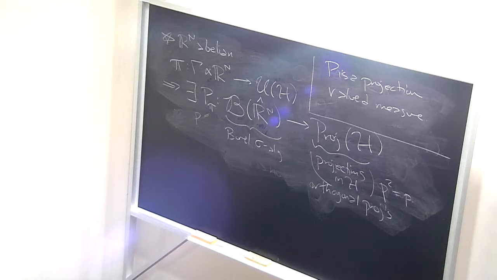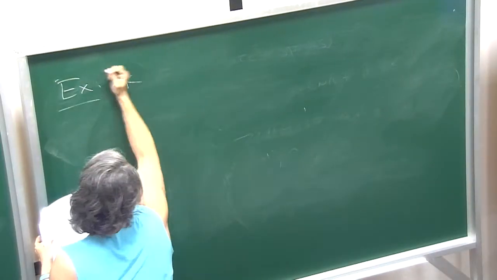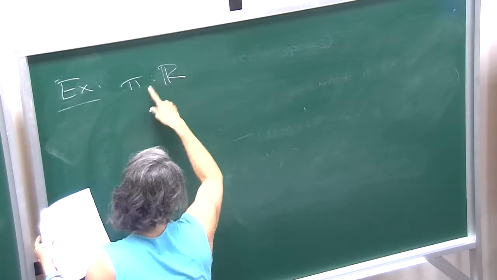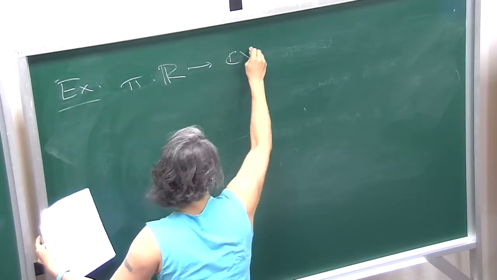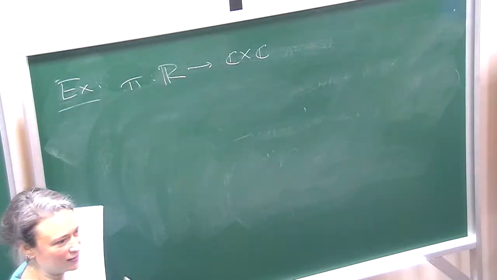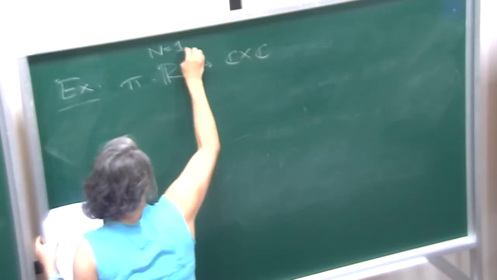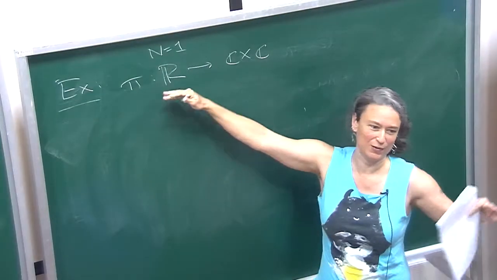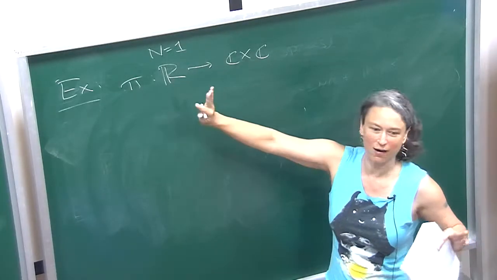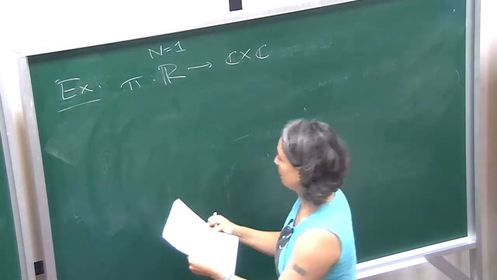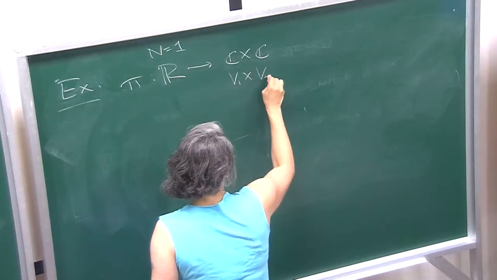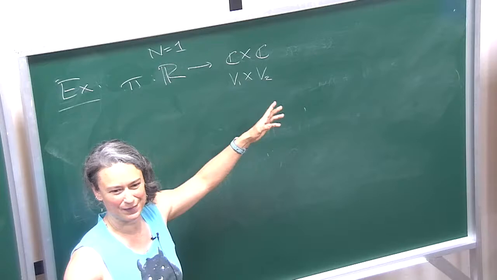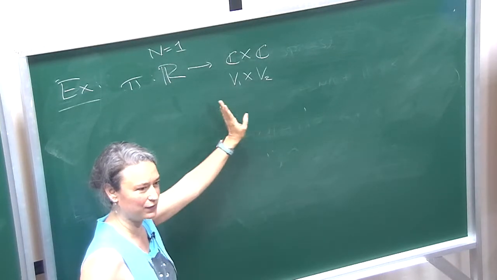So let's look at an example. Maybe you can say what this projection valued measure is in case H is finite. I'm giving an example. So pi is taking R to C cross C. So n here has become 1. This is an abelian group, which is also a vector space, which is just R. And I'm taking it to C cross C. C and C are the same, so it'll be a little less confusing if I call this V1 and V2.